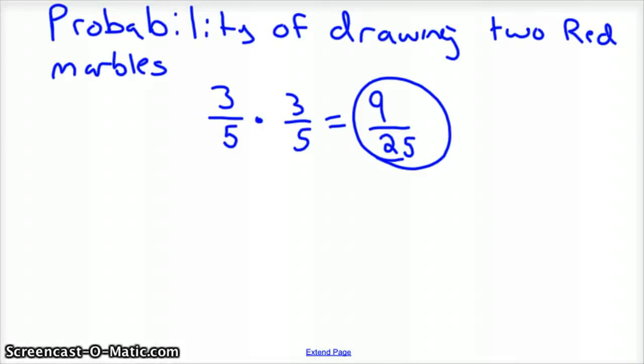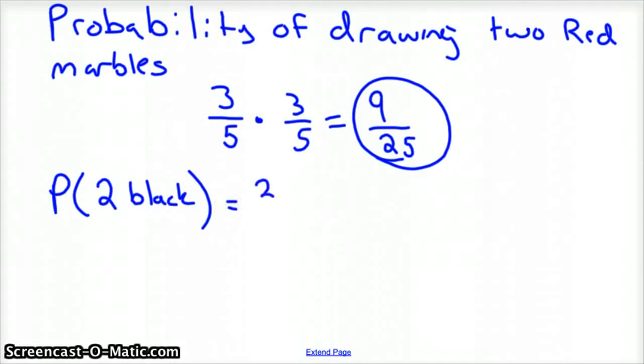Well, let's say the probability of 2 black marbles. Again, we're replacing each time, and so 2 blacks, that would be 2 out of 5, and then you put it back in the bag, and then that means you got 2 out of 5 again, or 4 out of 25. So we're getting closer.